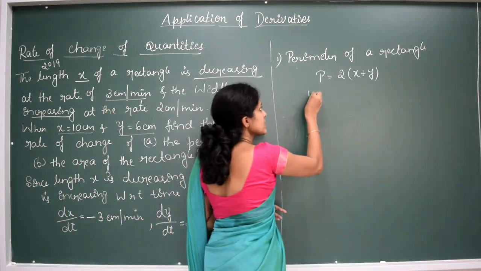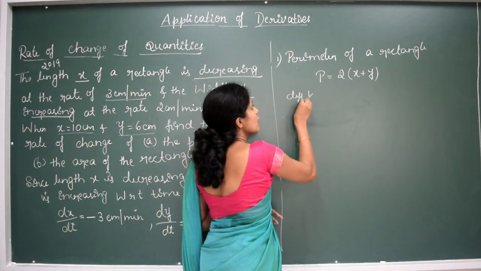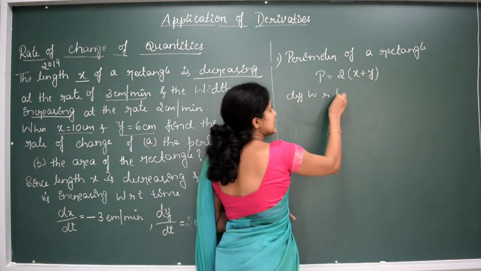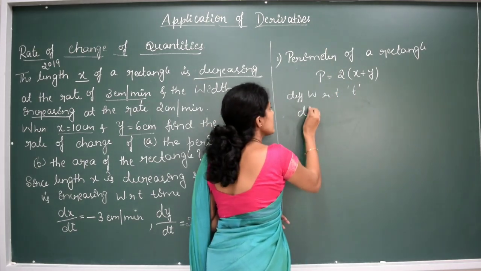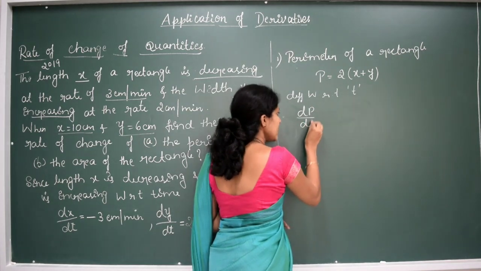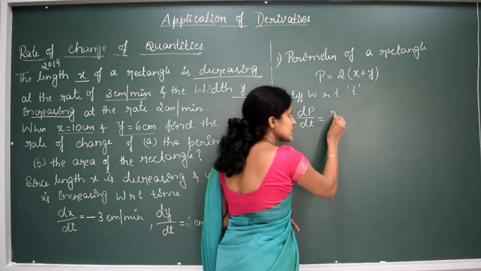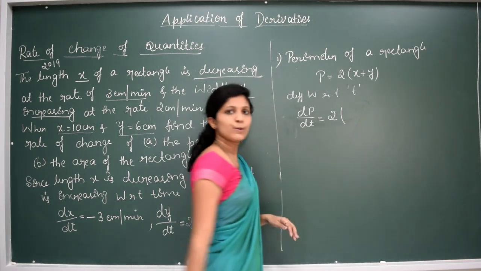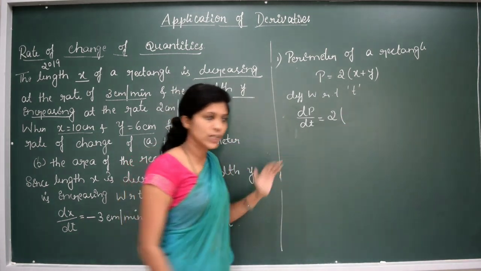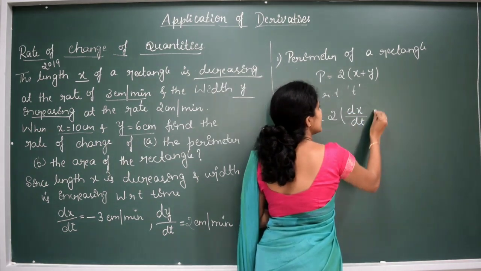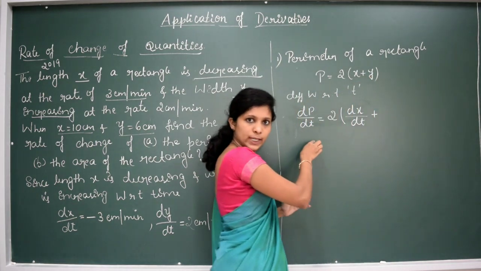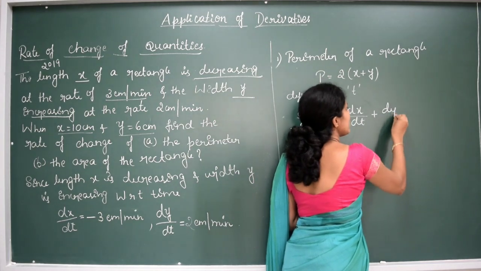So we will differentiate the function with respect to t. So the derivative of P with respect to t will be dP by dt is equal to 2, constant as it is. The derivative of x with respect to t will be dx by dt plus the derivative of y with respect to t will be dy by dt.